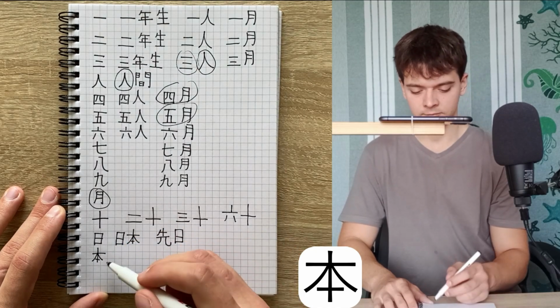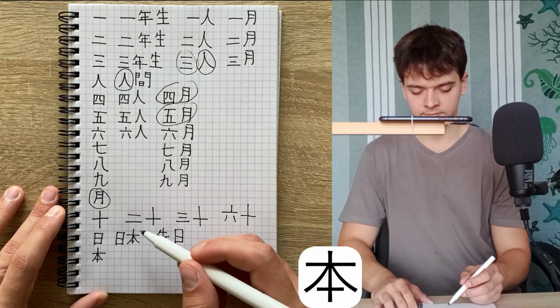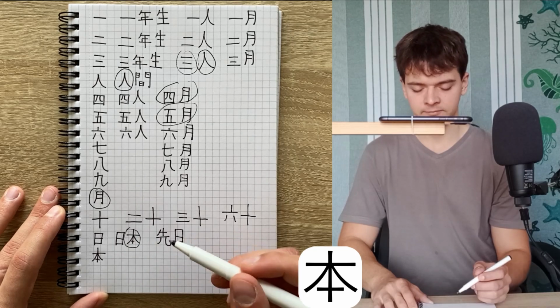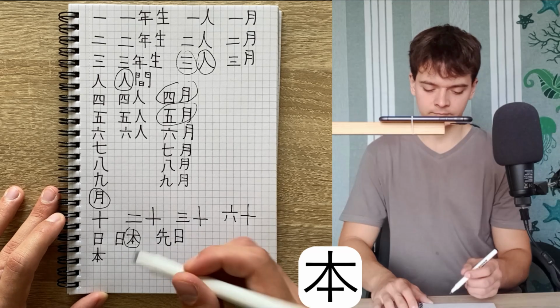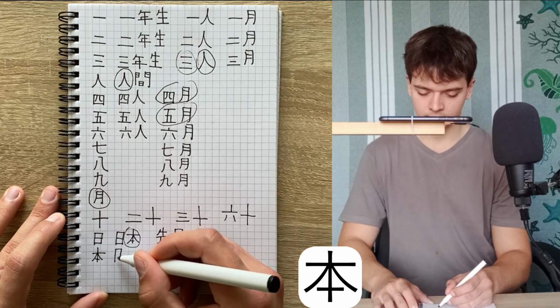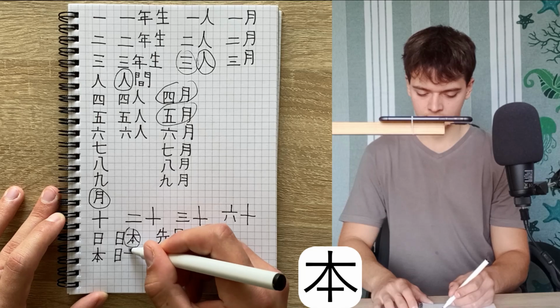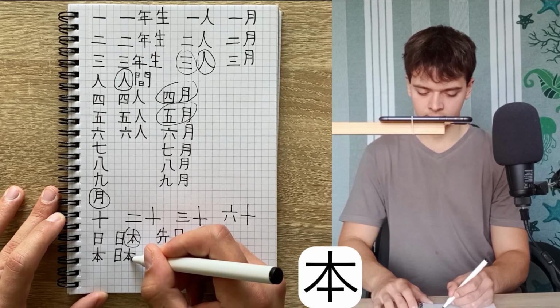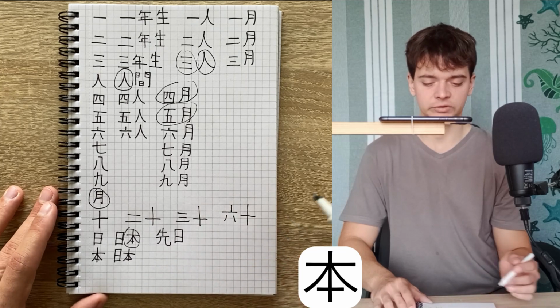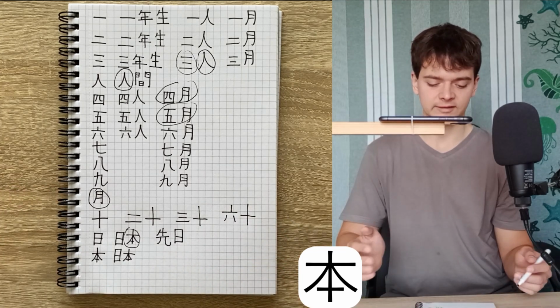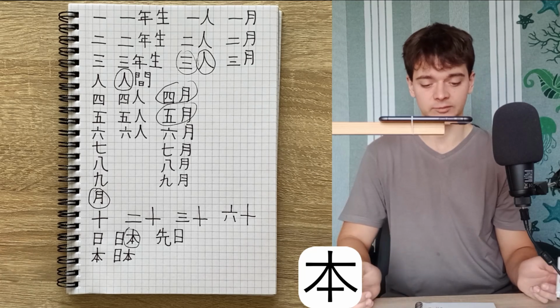Hon. Hon means book. Again, it's used here in Japan, in Nihon. I think that is because they wanted to show that Japanese are well learned, they like books.